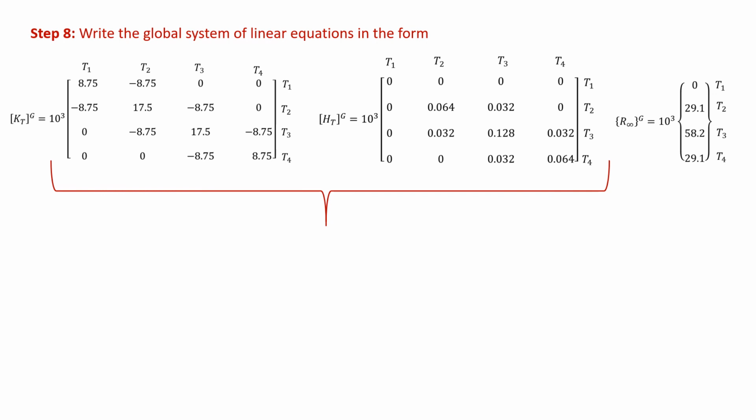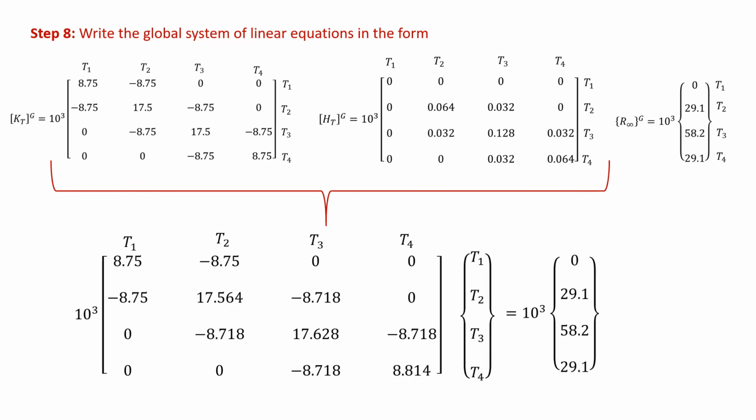Similar to the previous example, once we have determined all the required matrices, we can write the global system of linear equations using K plus H times T equals R. And for K plus H, we just add these two matrices in the usual manner, as shown here.